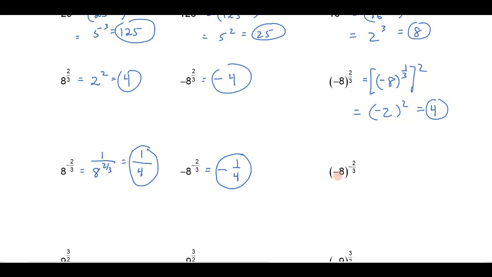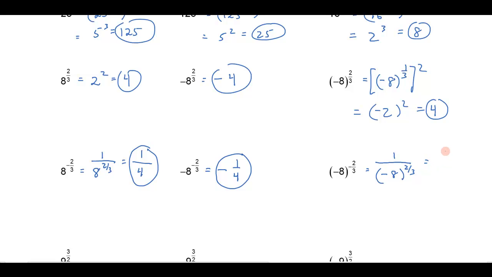And here, what's different is the base is negative. So this would be, and these two negatives are different. They're not going to cancel each other out. I'm going to have 1 over a negative 8 to the 2/3. So this negative here is the reciprocal, and then this negative right here is inside the base. So we did this up here. Negative 8 to the 2/3 is 4, so this is all going to be 4.